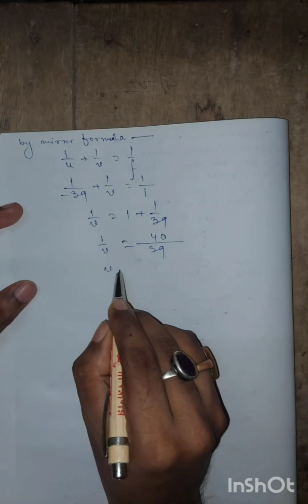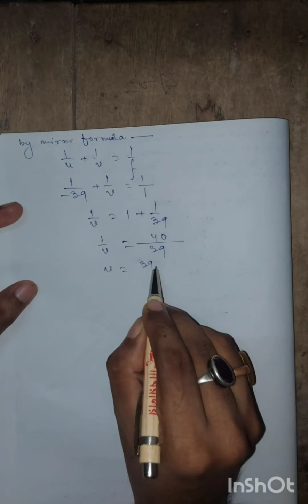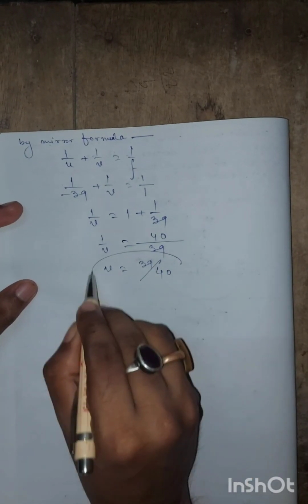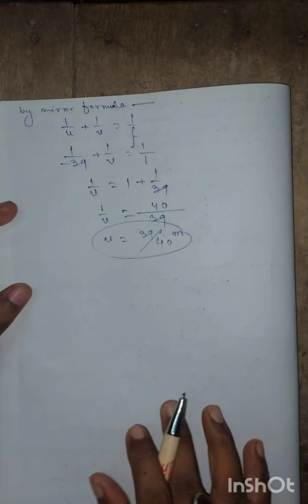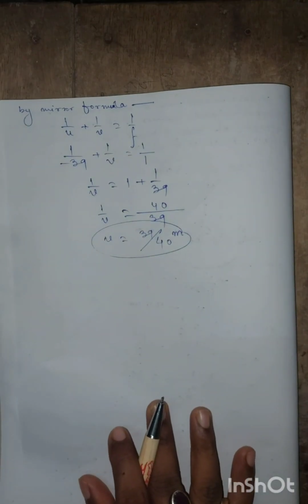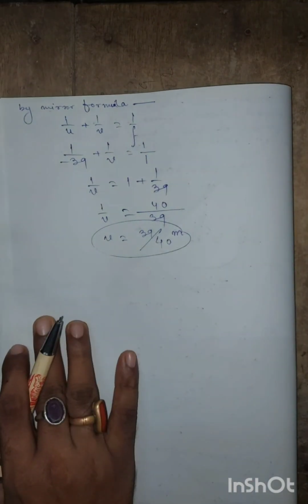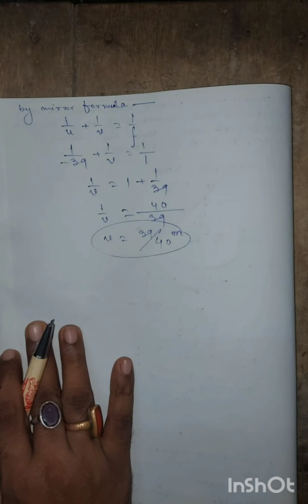So V is 39 by 40 meter. So the image formed is behind the mirror, and it is 39 by 40 meter away from the pole.